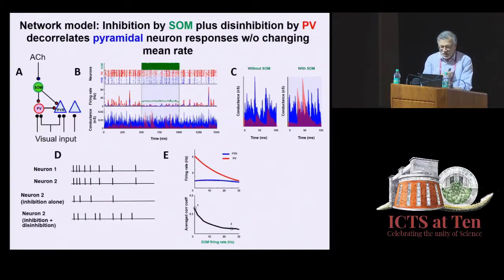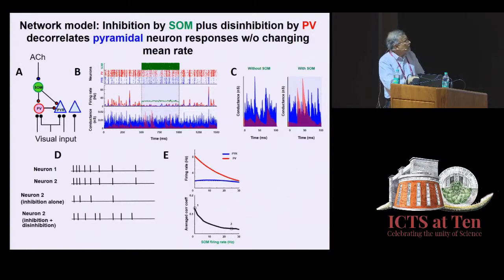It's a remarkable amount of specificity. And here's a model that says, why is this interesting? If you have these two neurons, you can decorrelate them by simply removing spikes. But then one neuron is in the limit is not going to fire at all. So that's a boring kind of decorrelation. You want to not reduce activity level, yet decorrelate.